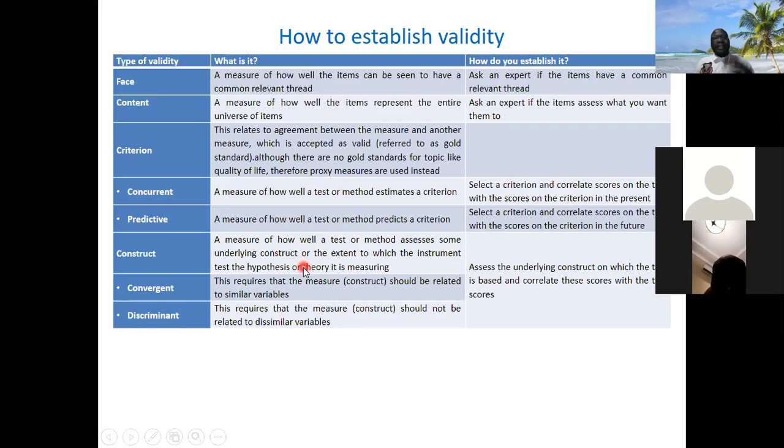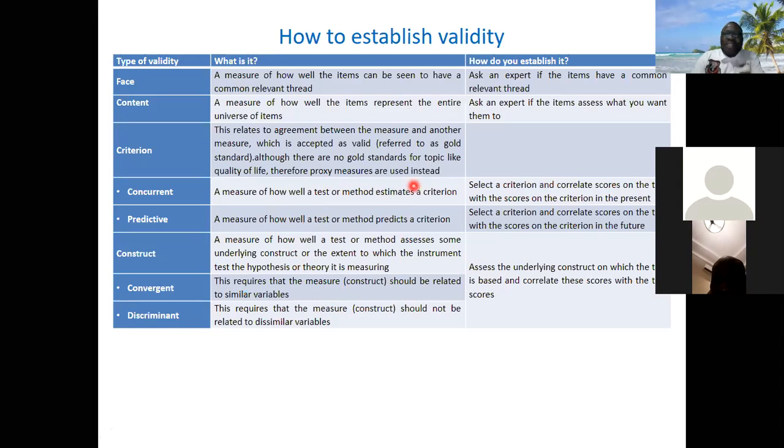Then let's look at criterion validity. What does it mean? It relates to agreement between a measure and another measure which is accepted as valid, defined as the gold standard. We are all familiar with this. Whenever you want to validate an instrument or any method, you have to have a criterion, something that serves as the gold standard.